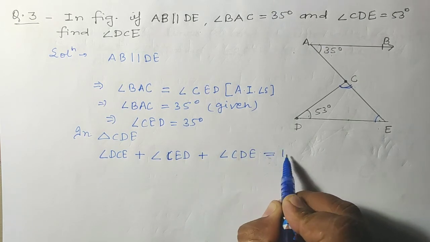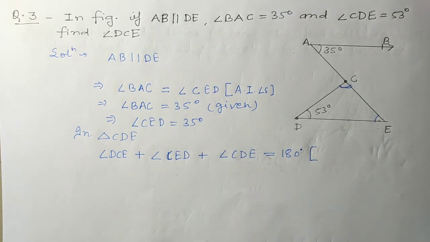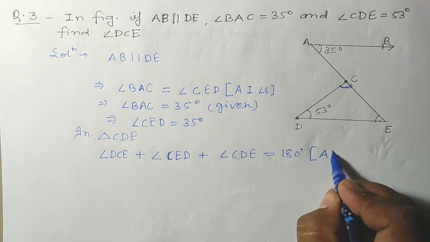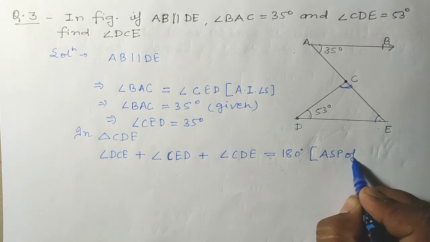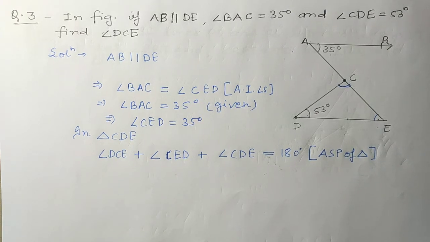The sum of all angles of a triangle should be 180 degrees. The reason behind it is the angle sum property of triangle. The angle sum property is that the sum of all angles of a triangle is 180 degrees. So here in this triangle, the sum of all angles will be 180 degrees.